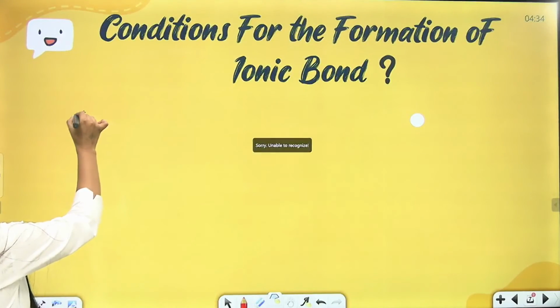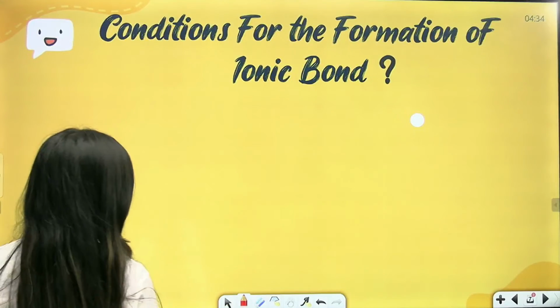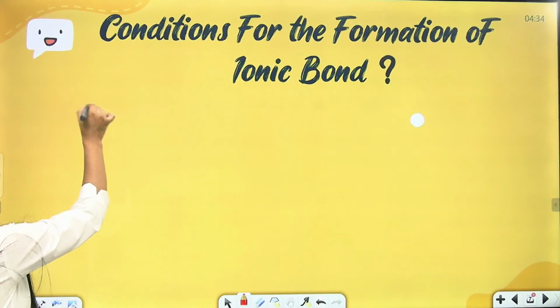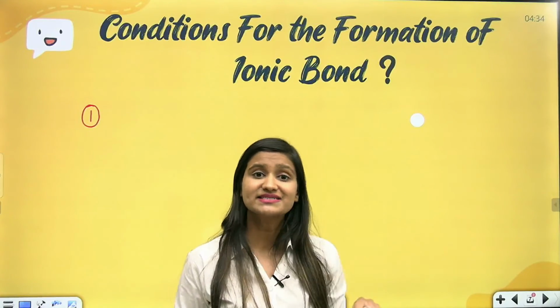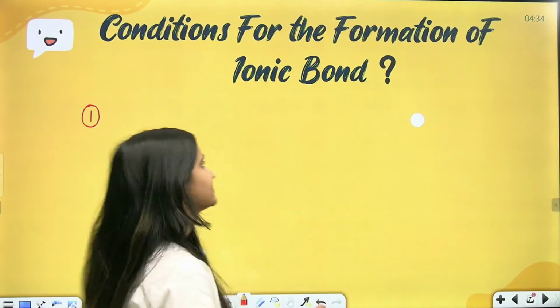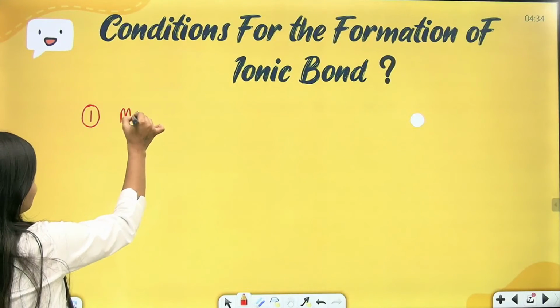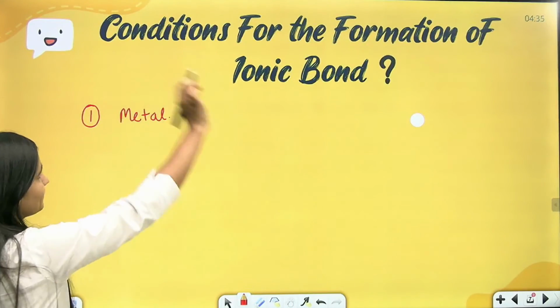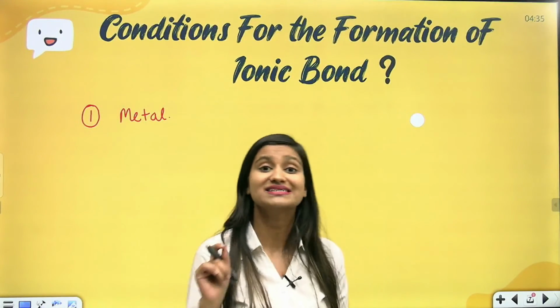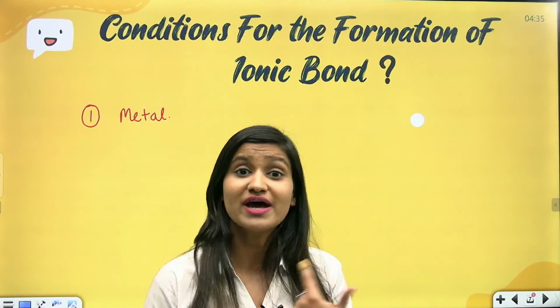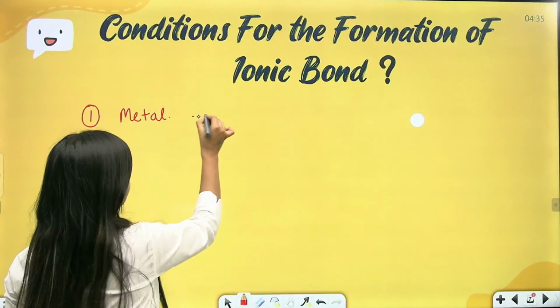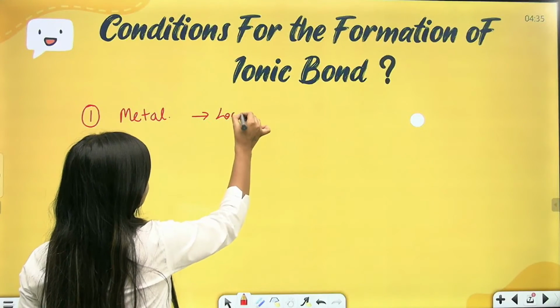Number one, as we know, a metal is involved and a non-metal is involved. The metal has a tendency to lose electrons, so it should have low ionization potential.